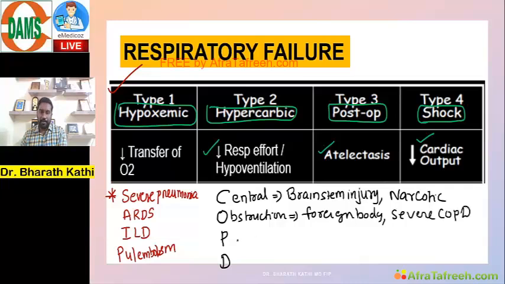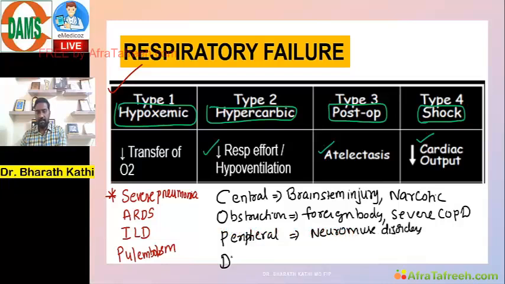P for peripheral causes happening over the chest wall, such as neuromuscular disorders. And D for strongest respiratory muscle is your diaphragm.